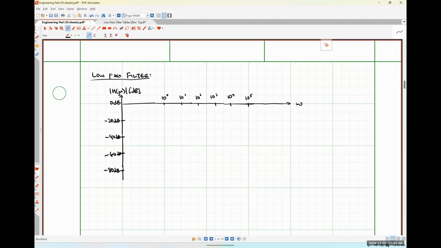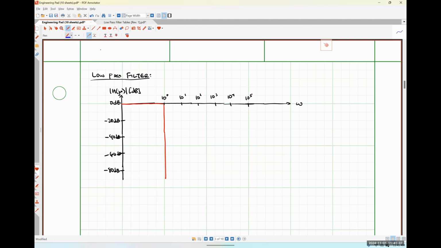Okay. So realistically, I'll do ideal in red. In the ideal case, we would want to pass all low frequency signals. And then as soon as we hit our cutoff frequency, which in this case is an angular frequency of 1 radian per second, we would want to attenuate literally everything else, meaning that we want a slope of negative infinity per decade. That is an ideal filter. That will never be achieved, okay?